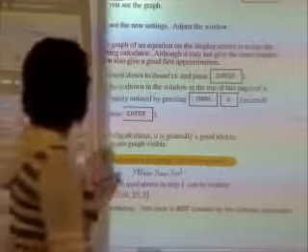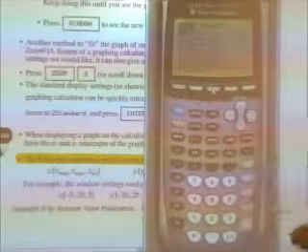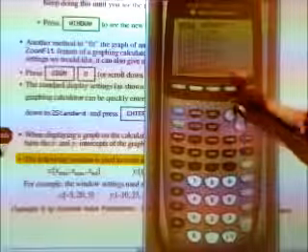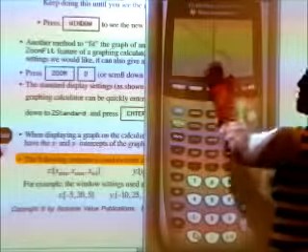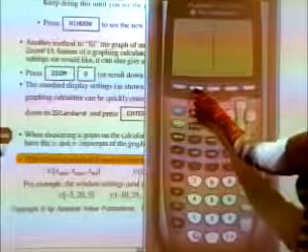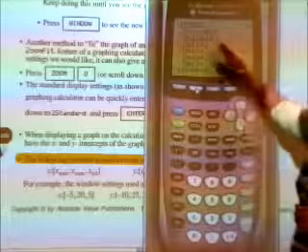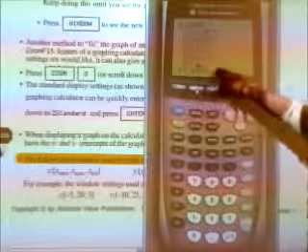With the zooms, so it's zoom standard, we talked a little bit about zoom trig. Zoom fit, which is actually choice 0 later on right here. If I press zoom fit, so I press 0, what it does is it fits the information. It looks for the y-axis, it looks for changes in shape, changes in direction. Then if I press my window button, notice it changes some of my settings.